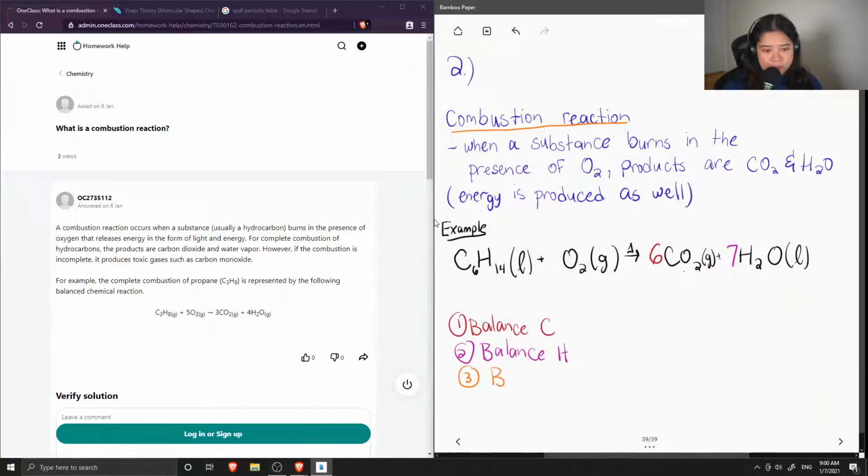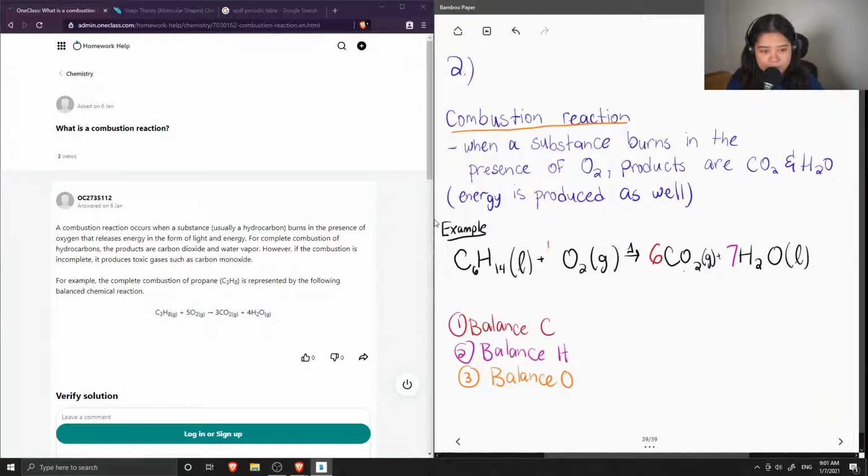Okay, so notice that when I balanced both my carbons and my hydrogens, this affected the number of oxygens. So this is why I balanced my oxygen last. First I like to count how many oxygens are on my product side. So we have 12 plus 7, which is 19.